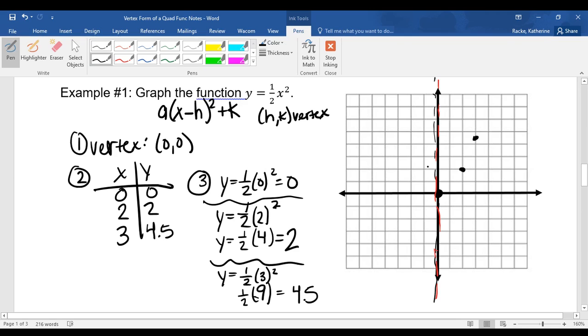Okay, so reflection of those points. Now it's going to look like a U, so we're going to continue the graph.